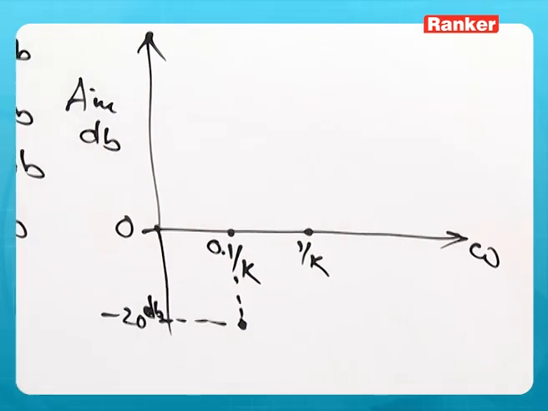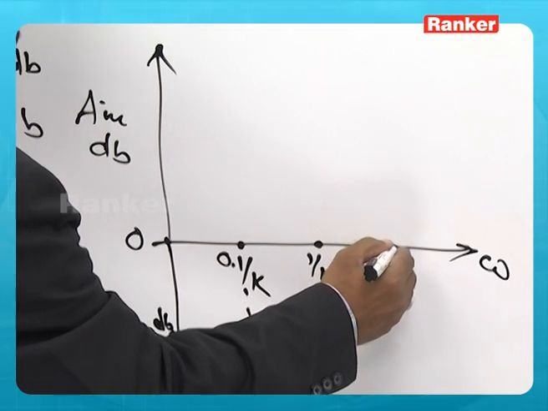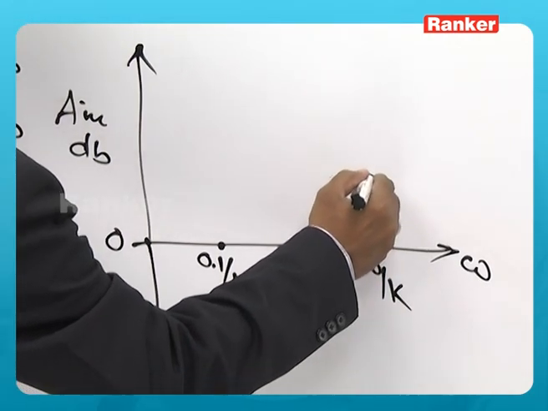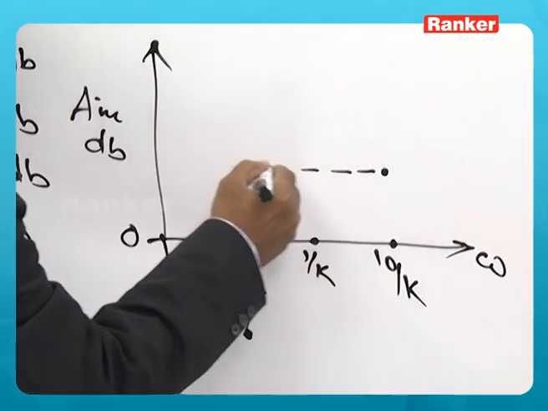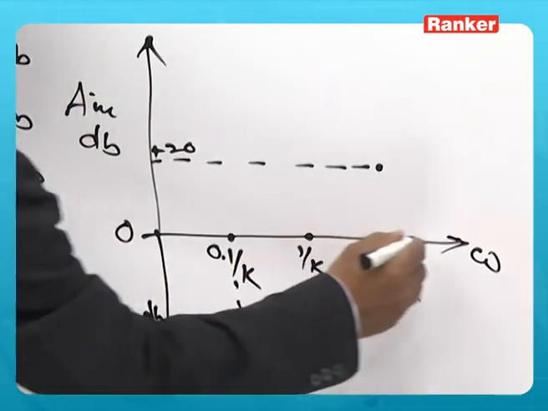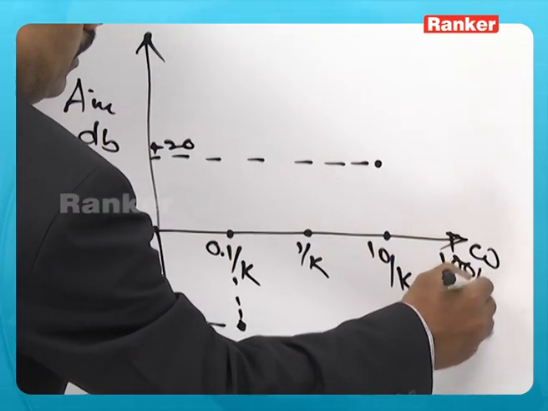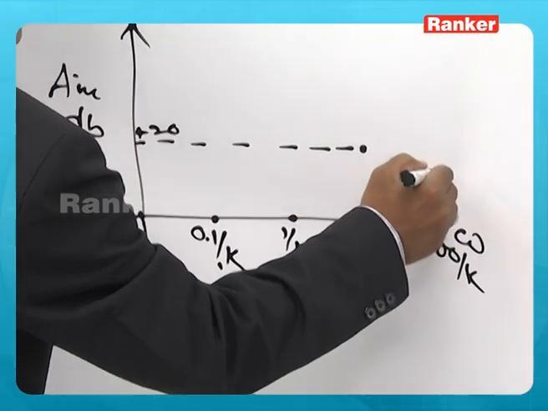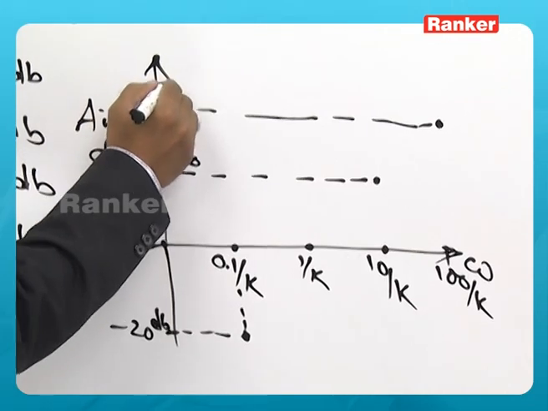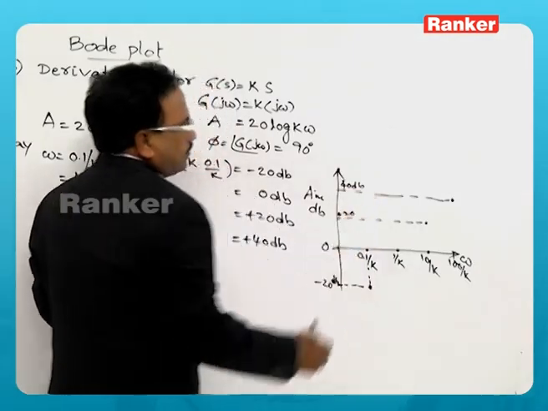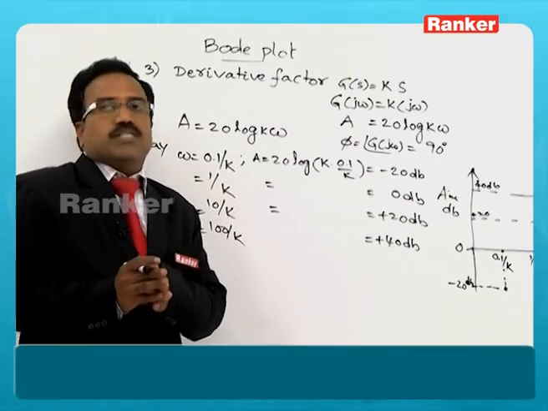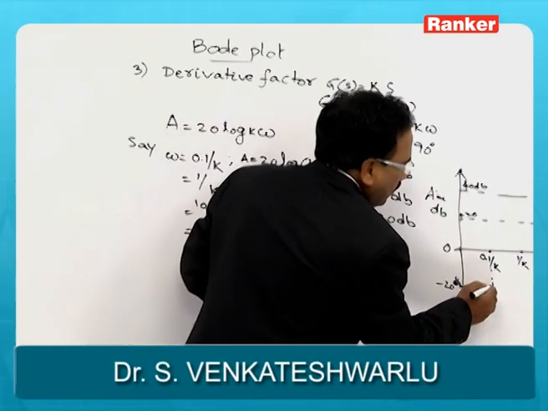When omega equal to 10 by k, it will be plus 20 dB, and further if it goes to 100 by k, you have plus 40 dB.